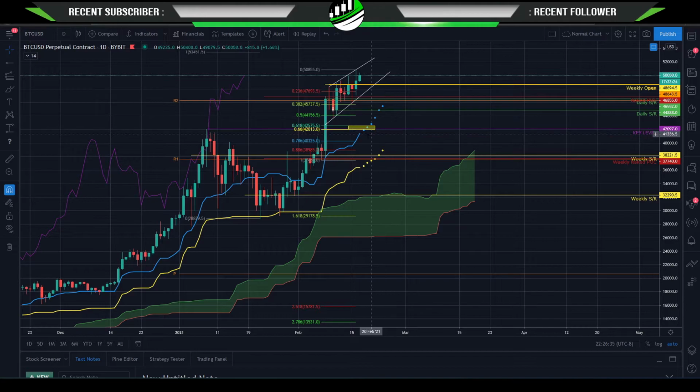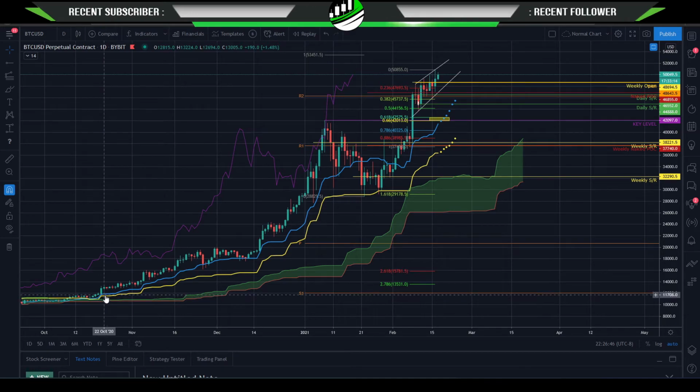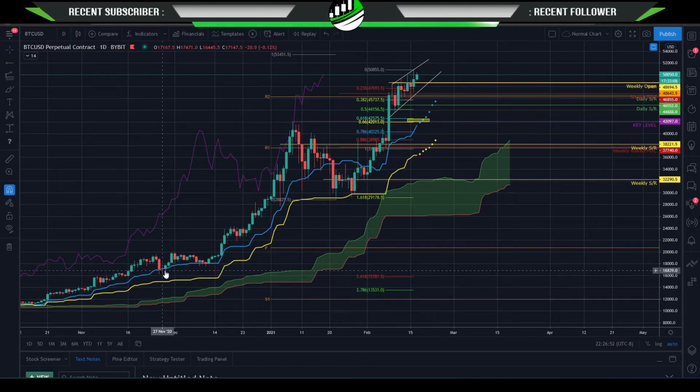So on your daily time frame, your Tenkan is really close to this level as well. Back here, you can see, starting from the cross back at 11,000, the Tenkan has been a really nice buying opportunity.